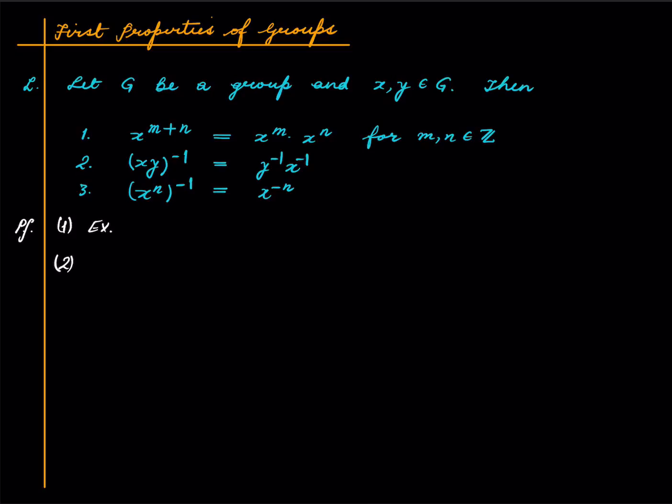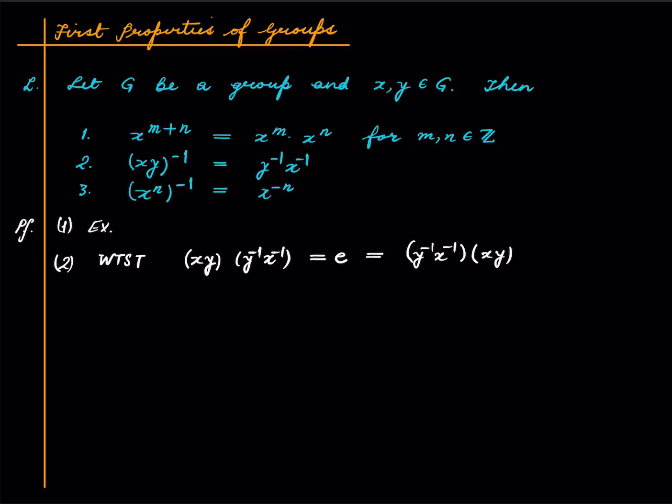For 2, we want to show that the inverse of xy is this guy. So what we really want to show is that this equation is satisfied. This is what we want to show.